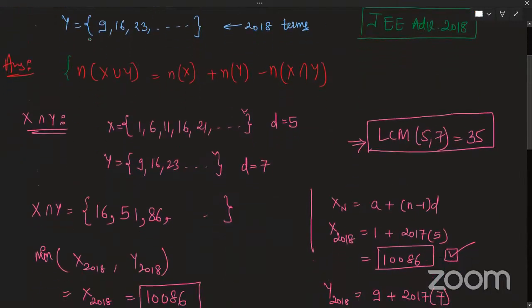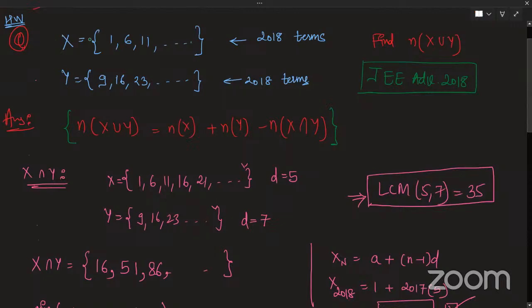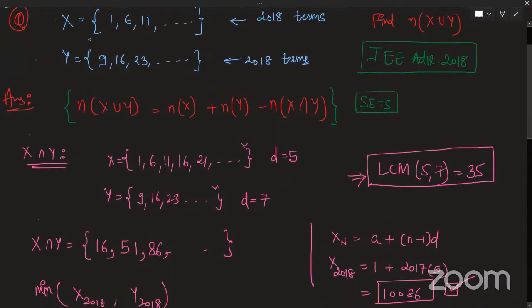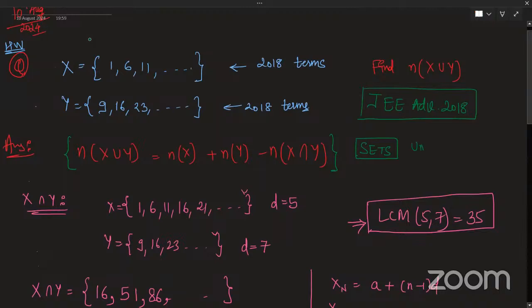Actually, this one I had taught when we were learning about sets, the first chapter in mathematics. There is no name such as union formula, but you can call it the union formula if you want. It shows that whenever you are taking the union of two sets, how many elements will be there in the union.